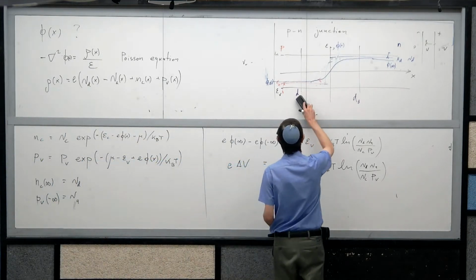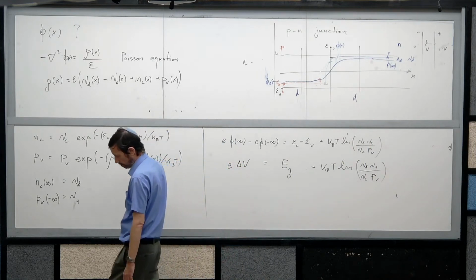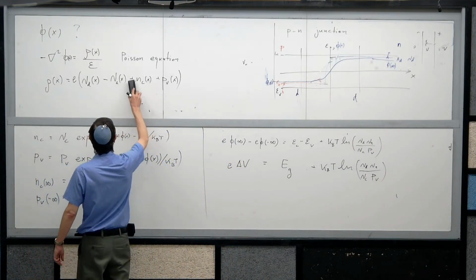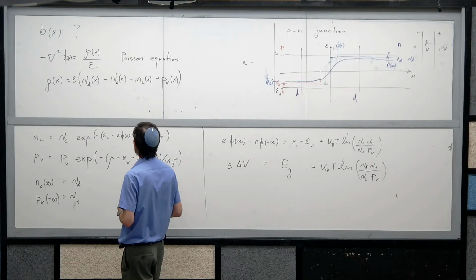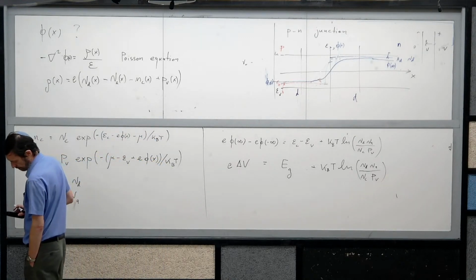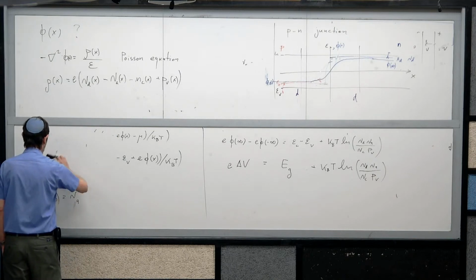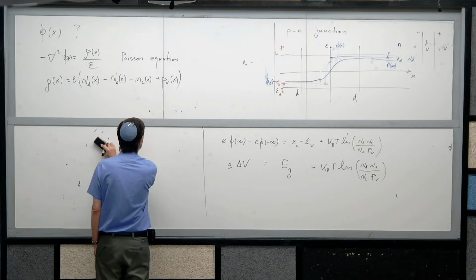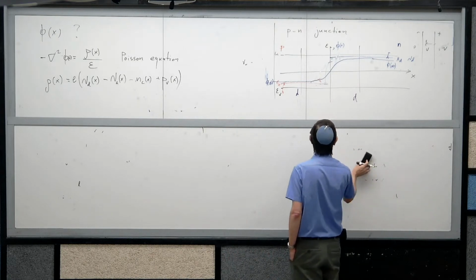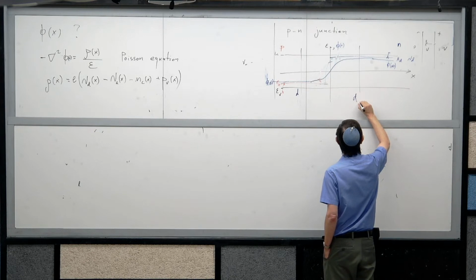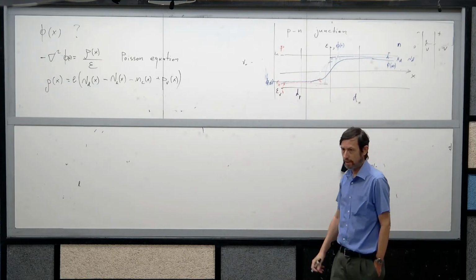To be consistent with minus NA plus minus S. I wanted to change the notation of the distances, so this I'll call dN and this I'll call dP, on the N side and on the P side.